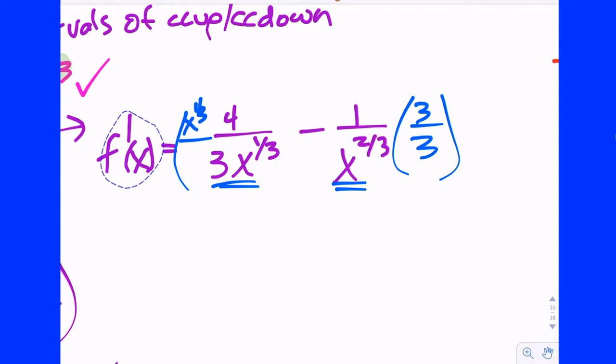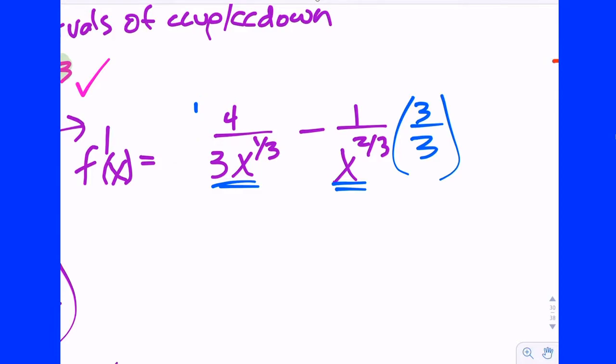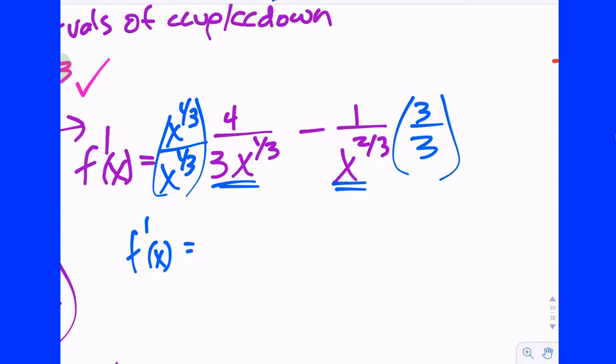I need to multiply by x to the 1/3 over x to the 1/3. And that should give me an x to the 2/3 in the bottom, right? So here's what we're left with now. We're left with 4, if you want to call it cube root of x now, all over 3 x to the 1/3 times x to the 1/3, which is x to the 2/3.